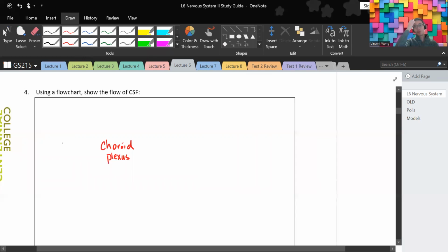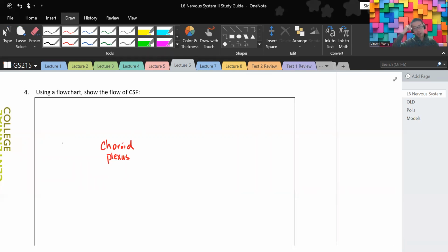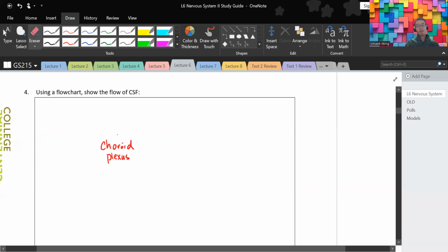Just checking, how many ventricles do we have in the brain? Yeah, 4. Lateral, that's 2, the third and the fourth. And within each of the ventricles, you would have the choroid plexus. So the choroid plexus will produce the CSF and fill up the lateral ventricle. Remember, you have 2 of these.